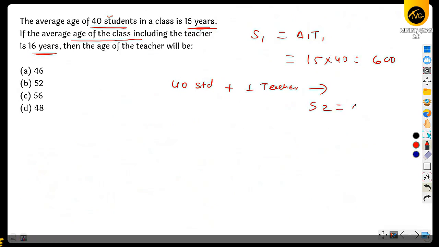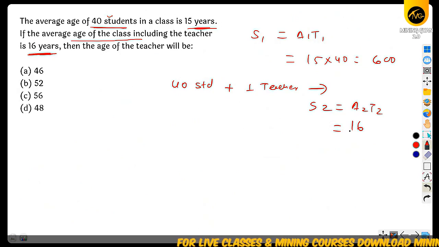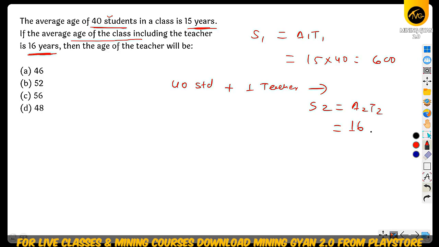Now what is S2? A2 into T2. That means now in this case the average age is 16 years. Earlier it was 15, now it's 16 years after the inclusion of the teacher. Now the total number of elements will be 41 because we have included the teacher.